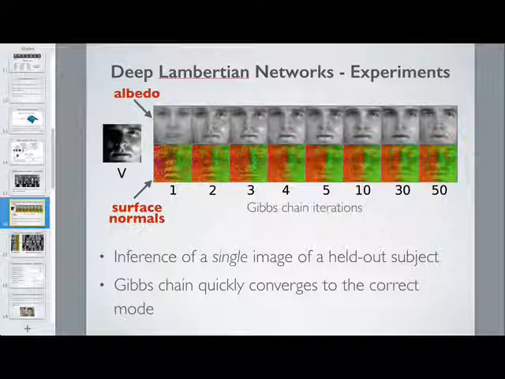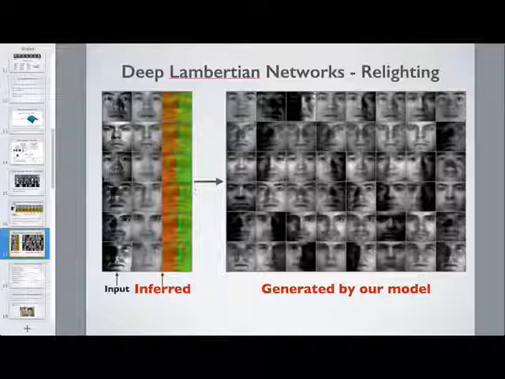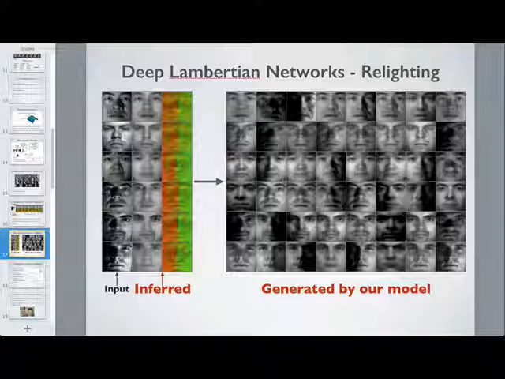Another cool thing we can do is, once we figure out the albedo and surface normal, because we have a Lambertian generative assumption, we can do relighting. What that means is that we can synthesize novel images of this particular person by changing the light direction. If you look at the top row, in the image of this person the light comes from the lower left.